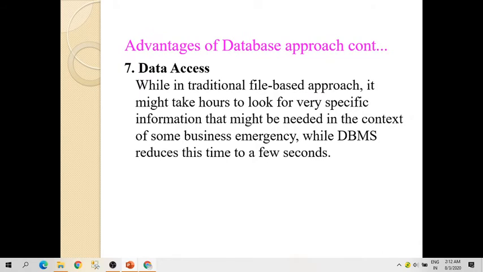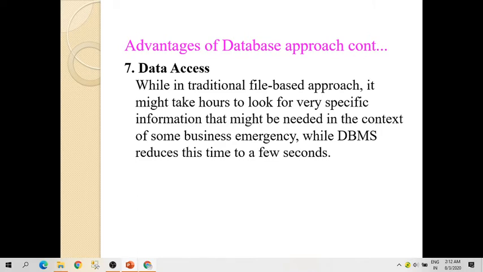Data access. Whoever has the privileges, only those people can access the data and have the required information. While in the traditional file based approach, it might take hours to look for very specific information, which might be needed in the context of some business emergency, the DBMS reduces this time to a few seconds.